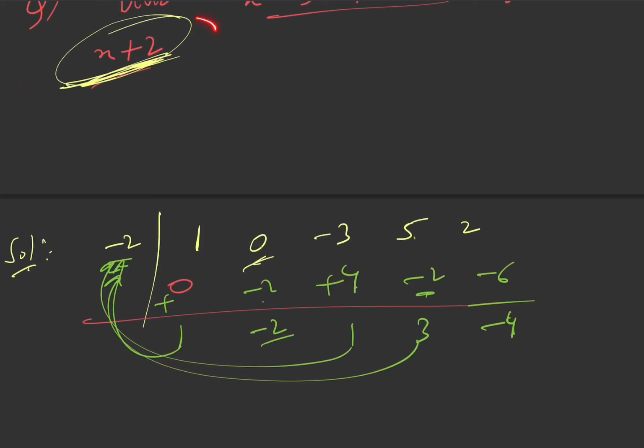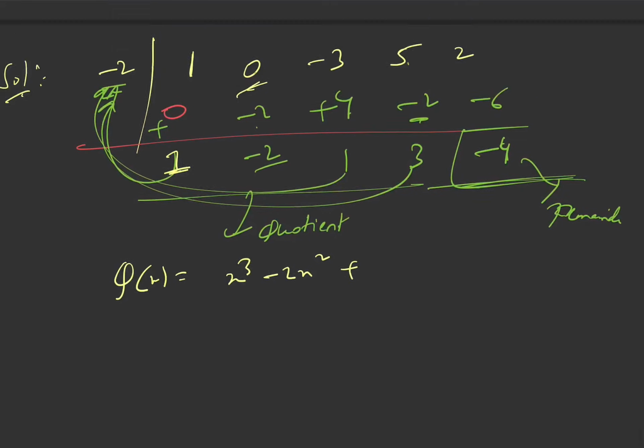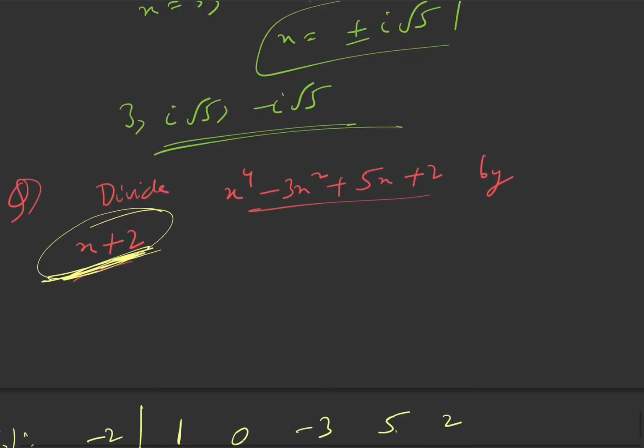Now you see, if you divide by x plus 2, the remainder will be a constant only, right? Because the divisor is of degree 1, the remainder must be of degree 0. So this last number represents the remainder, and the rest represent the quotient.